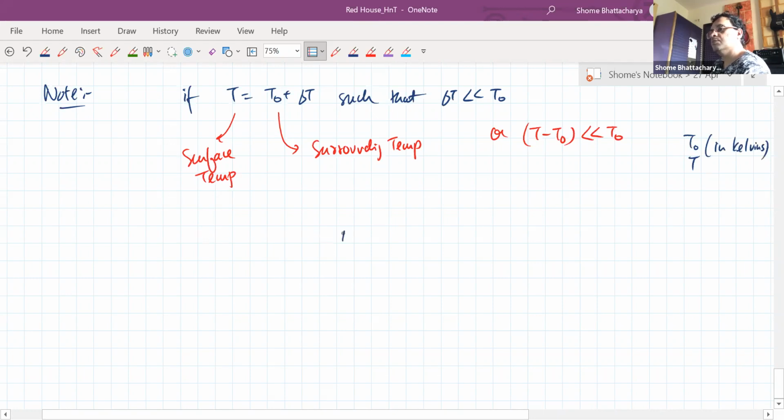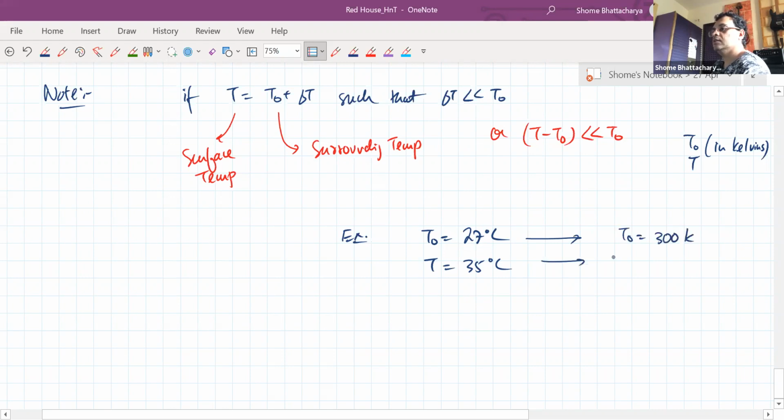So for example, if I say the temperature of the surface is 27 degrees C and the temperature of the surrounding is, let's say, 35 degrees C. Now you can see that this difference is 8 degrees C. So in degrees C it is not a very large difference compared to T naught, but you have to convert this to Kelvin. So T naught is 300 Kelvin.